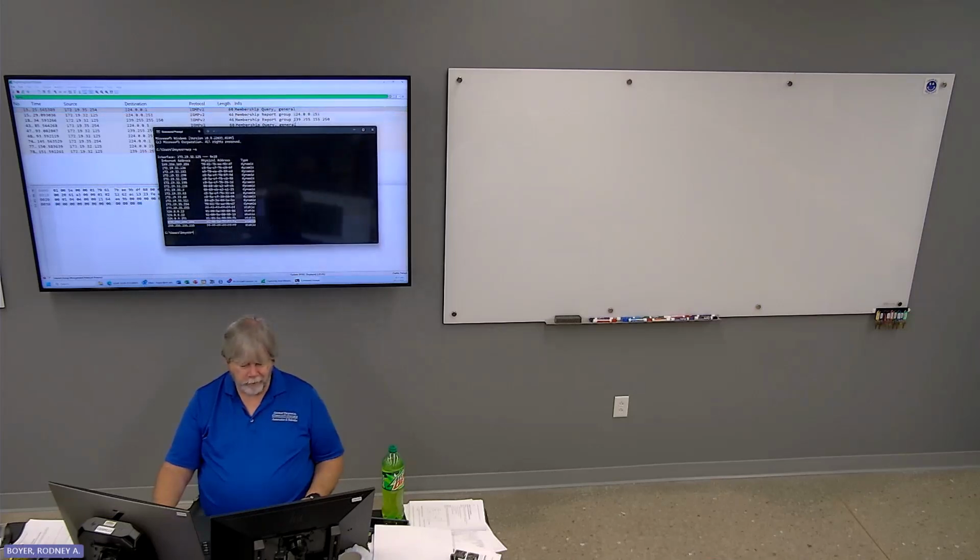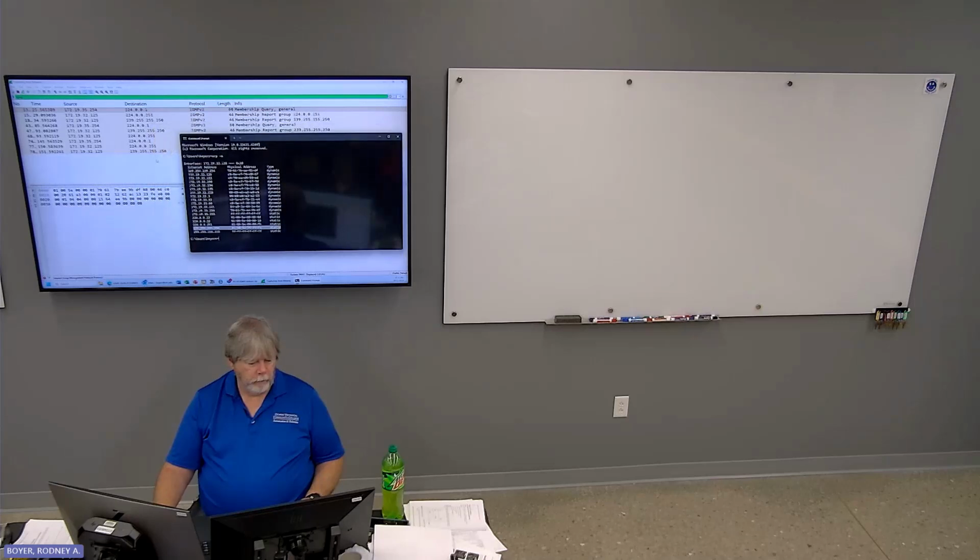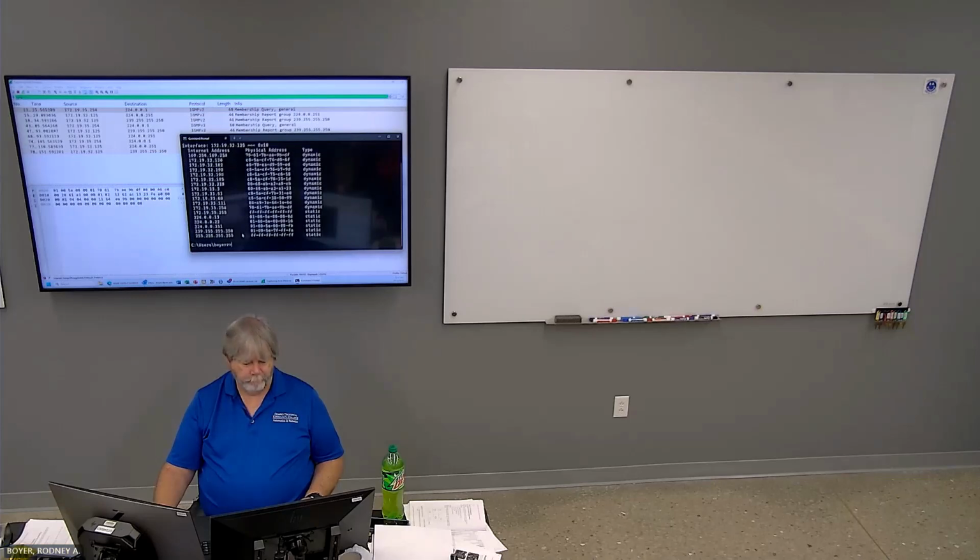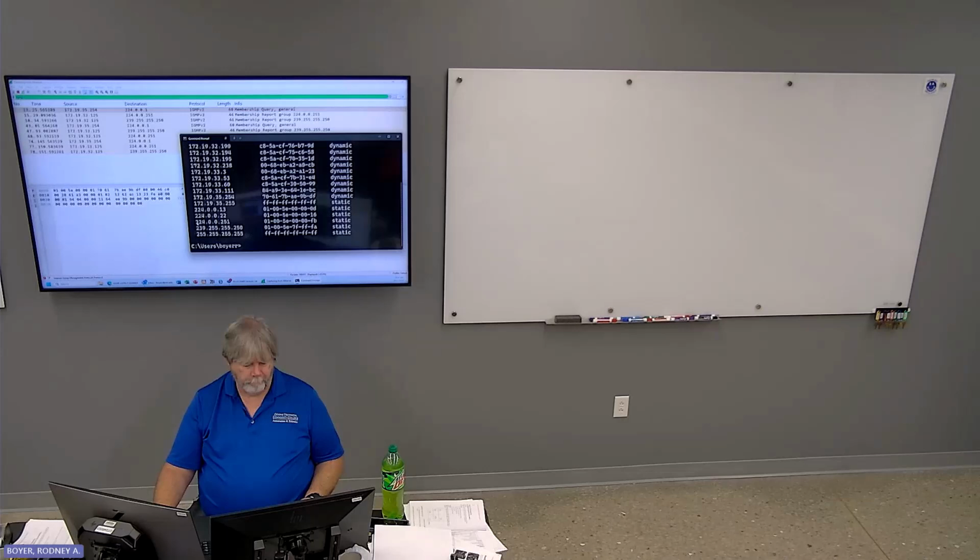Yeah, this 239.255.255.250 is one of the static addresses that's in my ARP table. 224.0.0.251 is also a static IP address.